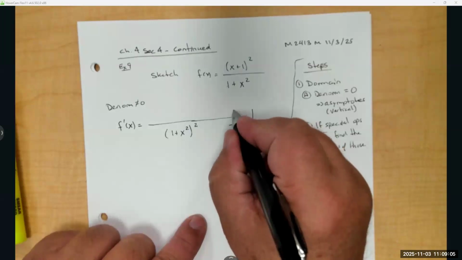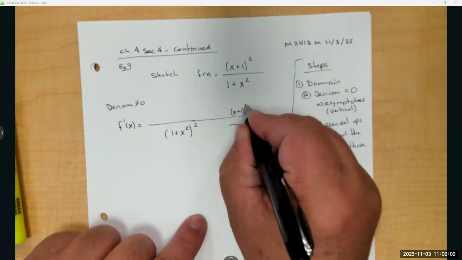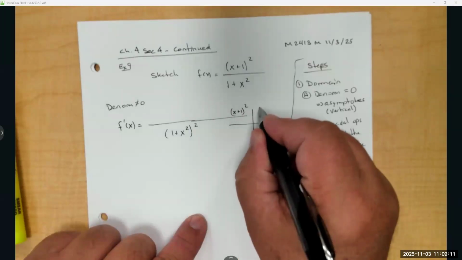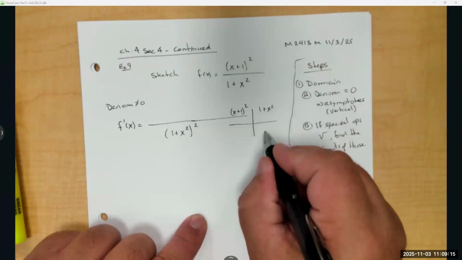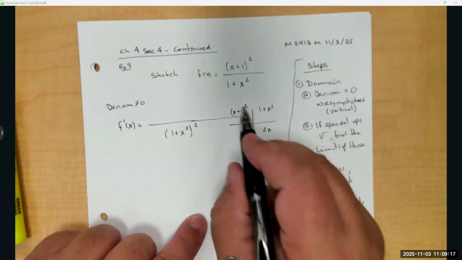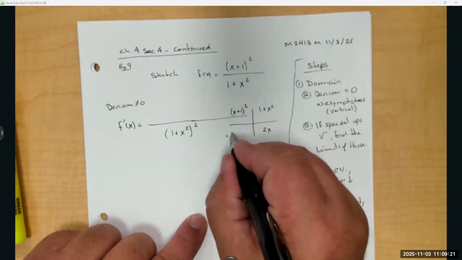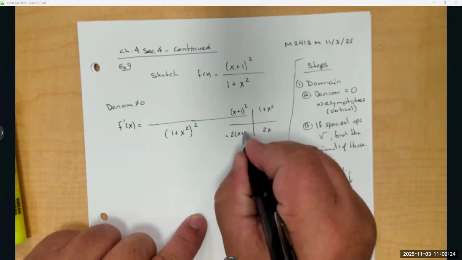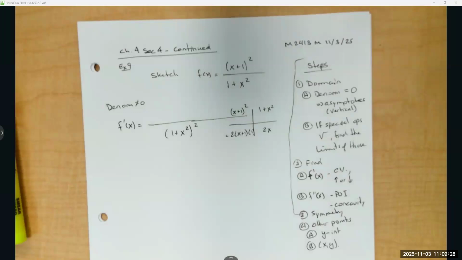So on top we have x plus 1 squared. The bottom we have 1 plus x squared. The derivative of the bottom is 2x. The derivative of the top is 2 times x plus 1 times 1 using chain rule.